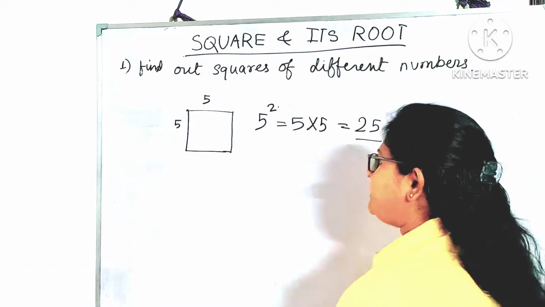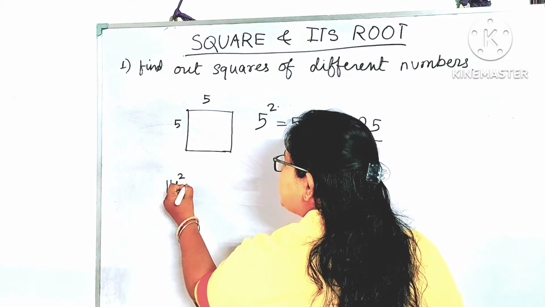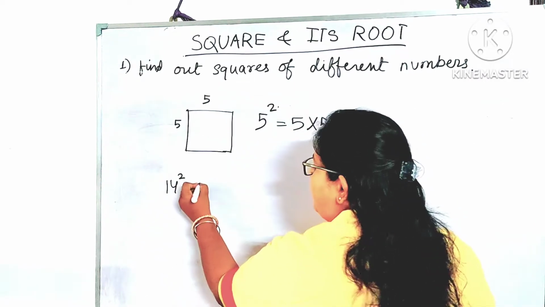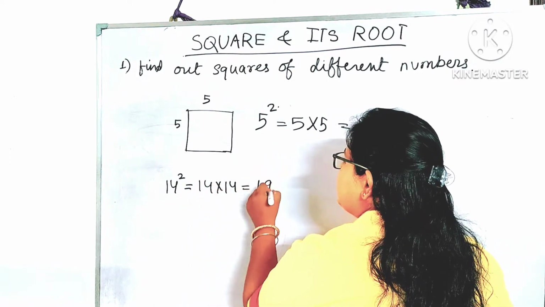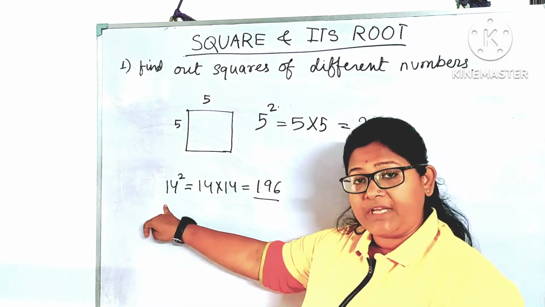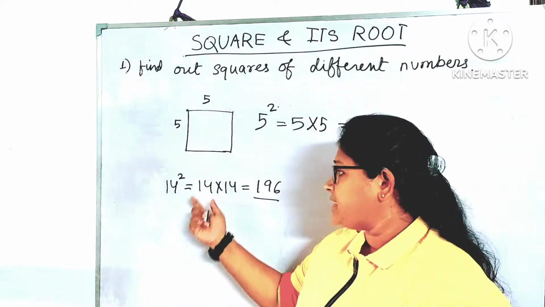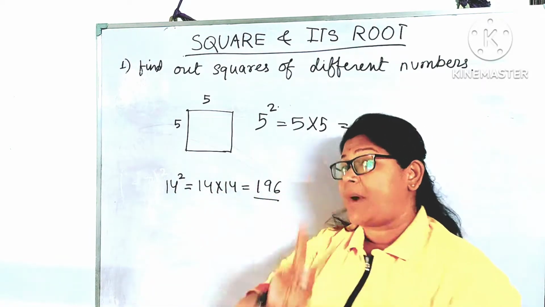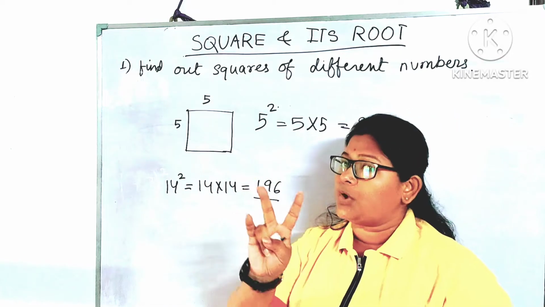Let's take another example. Consider 14 square. We can say 14 square means 14 into 14, that is 196. So we can say the square of 14 is 196. Clear? Because that number is multiplying itself twice, that is why on top we are writing 2.